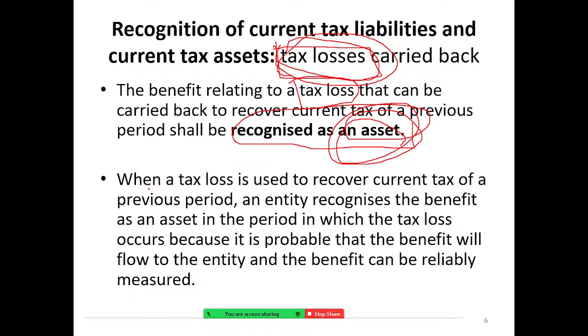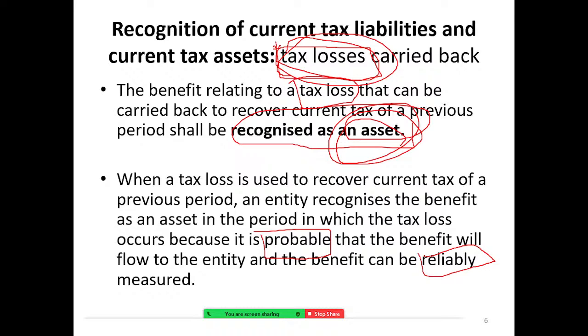So it has two things: the probability of the benefit, and that it can be reliably measured. So it can be recognized as an asset. When should it be recognized? In the period in which the tax losses are incurred.